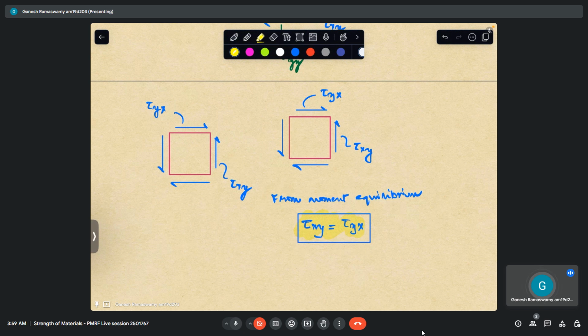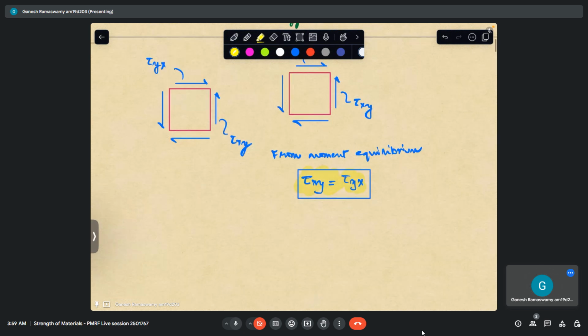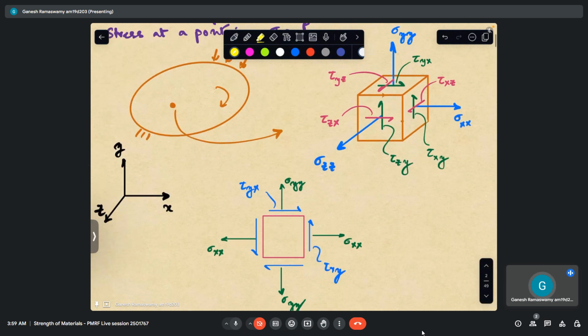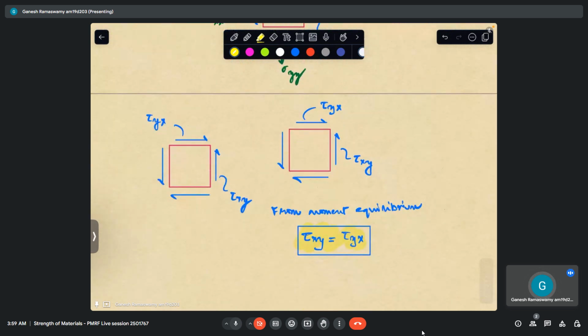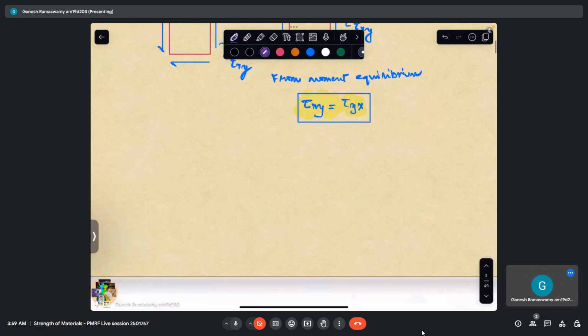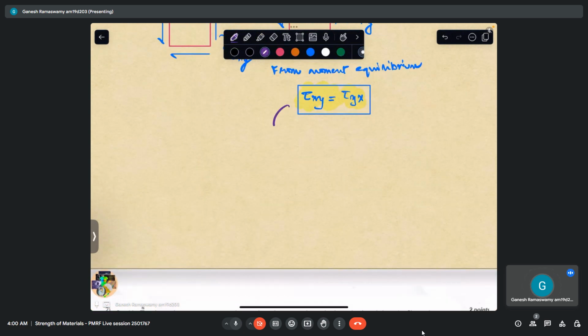Similarly, tau xz and tau zx, tau yz and tau zy. So this is how we represent stress at a point in 3 and in 2 dimensions, employing the equality of cross shears.